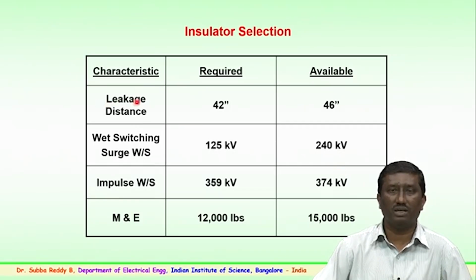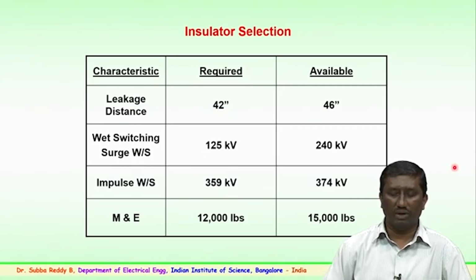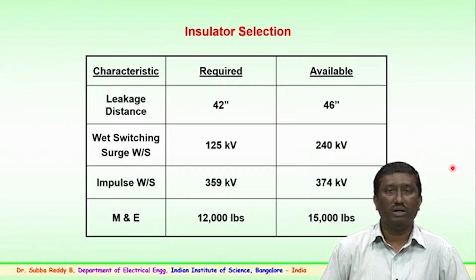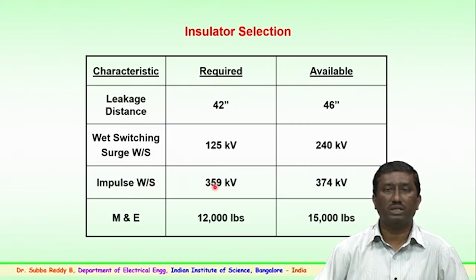For the leakage distance, the required is 42 inches, while the available from the manufacturer is 46 inches, which is higher than the required value we estimated. Similarly, for impulse voltage levels, for wet switching surge we require 125 kV and the available is 240 kV, and for impulse withstand voltage the required is 359 kV as per our calculations and the available is 374 kV. These voltage values available from the manufacturers are higher than the estimated values.